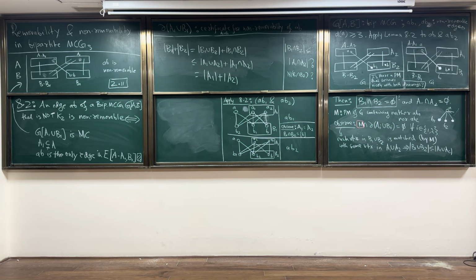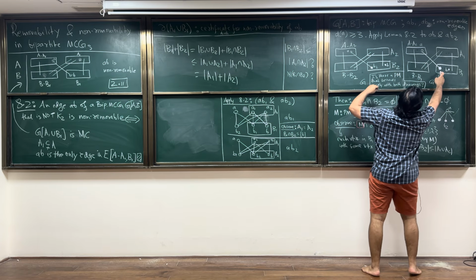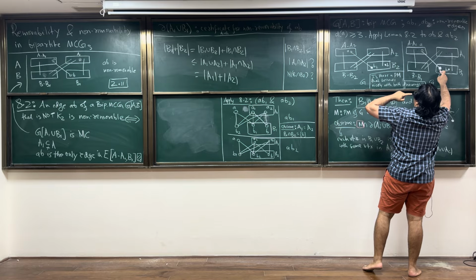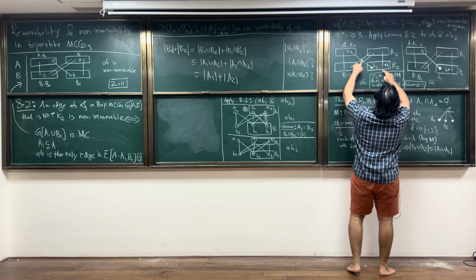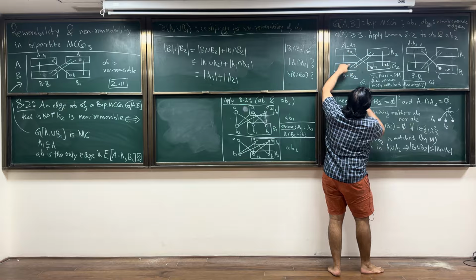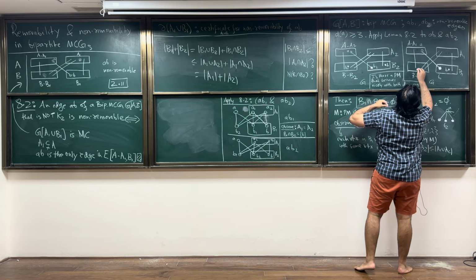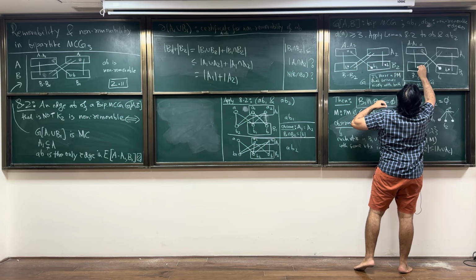Also, let's put some more information in the drawing. We know that little b1 is not here because all neighbors of A except little b2 belong to this set. So therefore little b1 is in this set. And likewise little b2 is in this set.